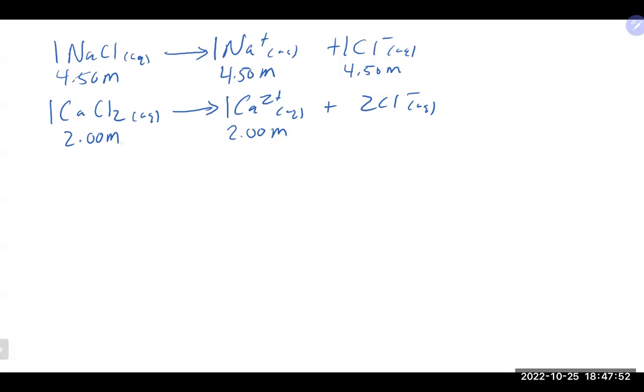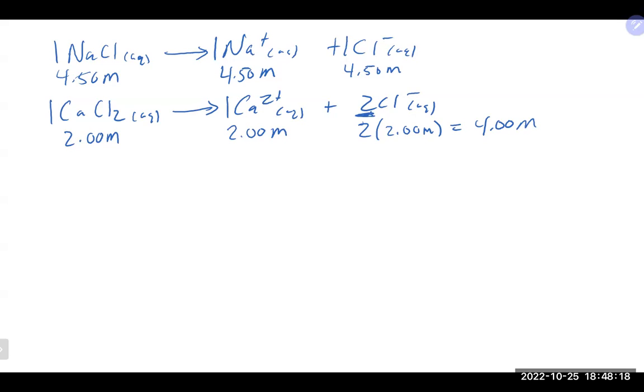But between the whole thing and chloride, it is a 1-to-2 relationship. You get twice as much chloride floating around. The concentration is doubled, so the concentration of the chloride ions would be 4 molar. You basically multiply it by 2. If it breaks apart into a 1-to-3, you multiply it by 3. That is the short way of the calculation.